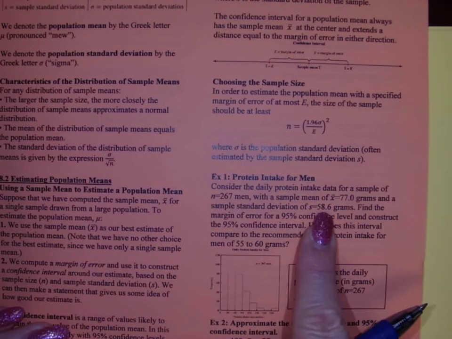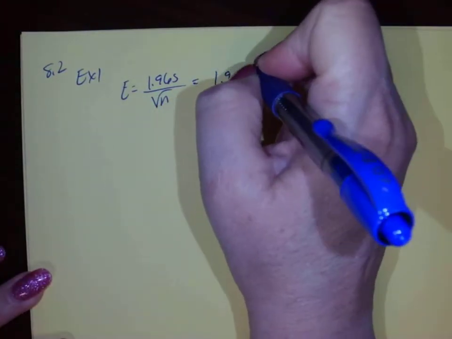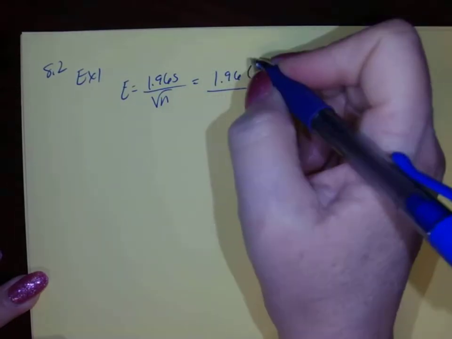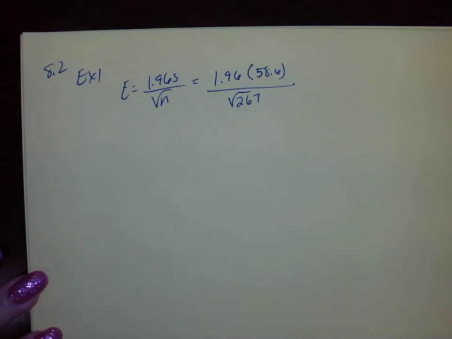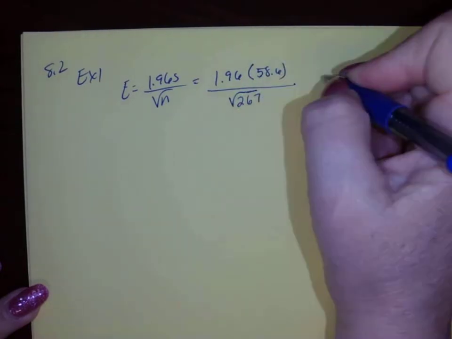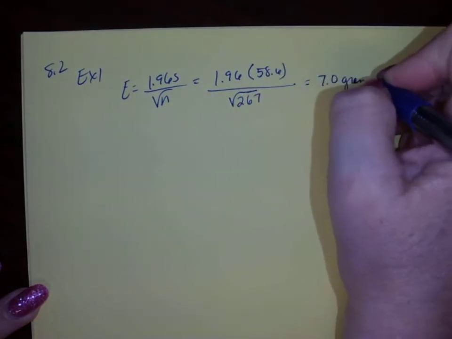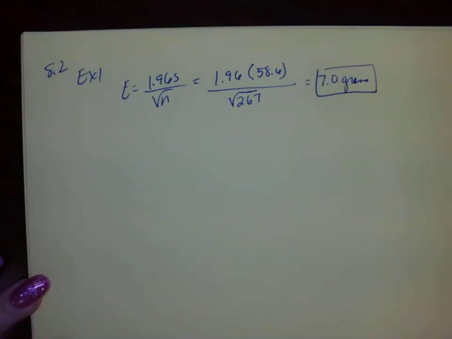And then the s is 58.6. So we'll have 1.96 times 58.6 divided by the square root of 267. Now you can just put this in your calculator, multiplying the top and then dividing by the square root of 267, and we will get 7.0 grams. So that's our margin of error.